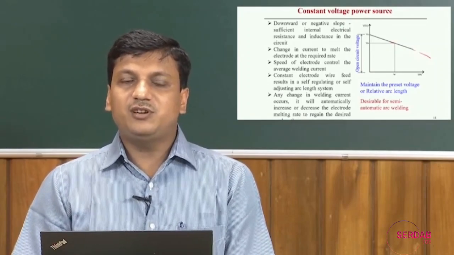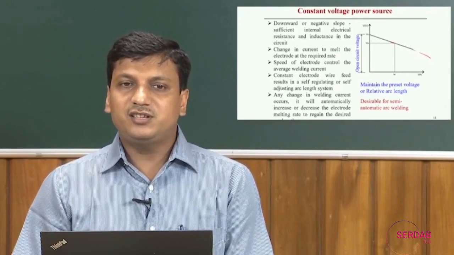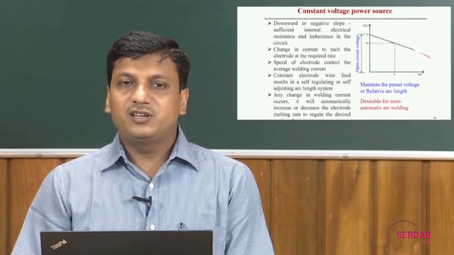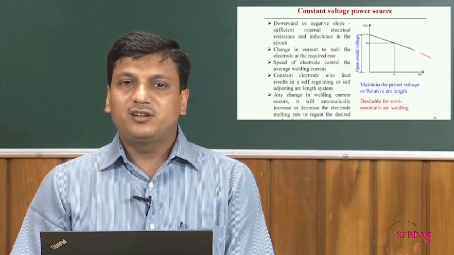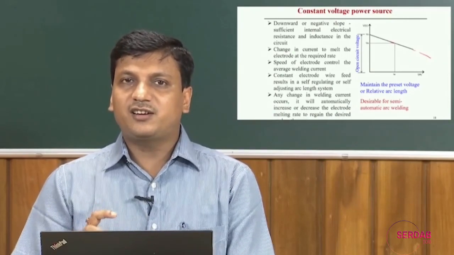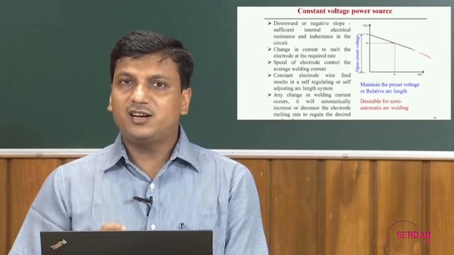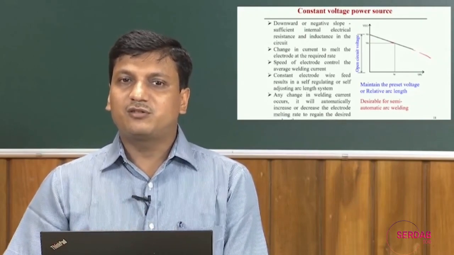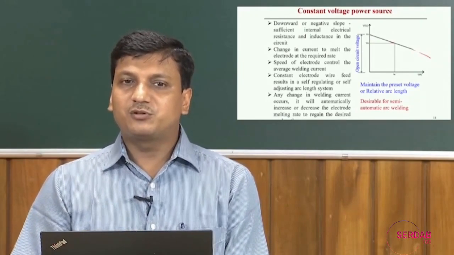So, if any change in the welding current occurs, it automatically increases or decreases the electrode melting to regain the desired arc length. So, to maintain the desired arc length, we also need to maintain a constant voltage power source.